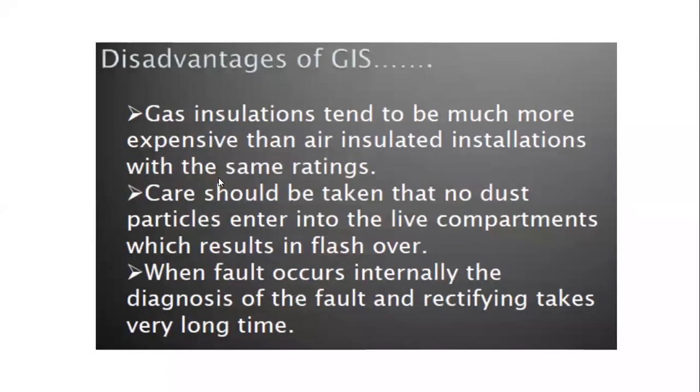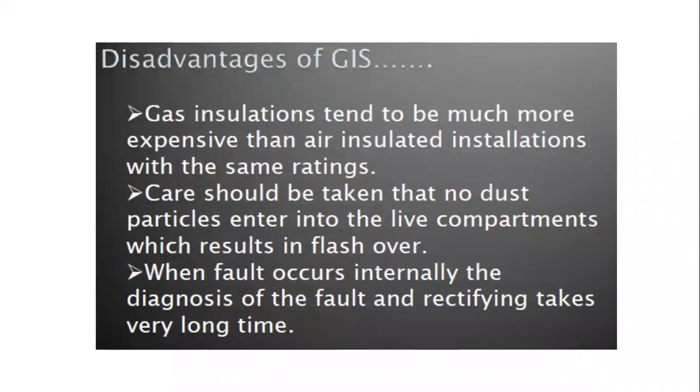Next, coming to the disadvantages of gas insulated substations. Gas insulated substations tend to be much more expensive than air insulated substations with the same ratings. Suppose we are using a 33 by 440 kilovolt substation.